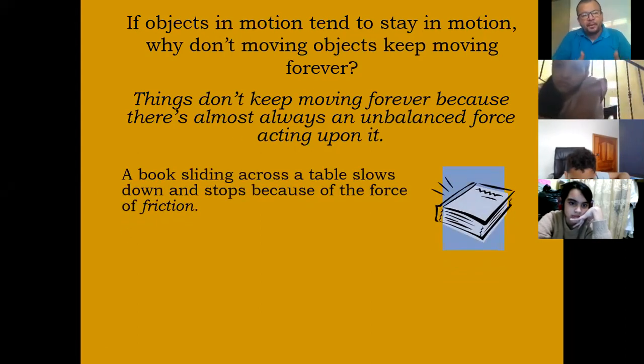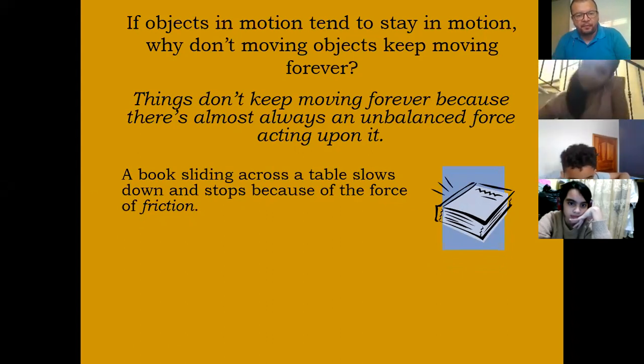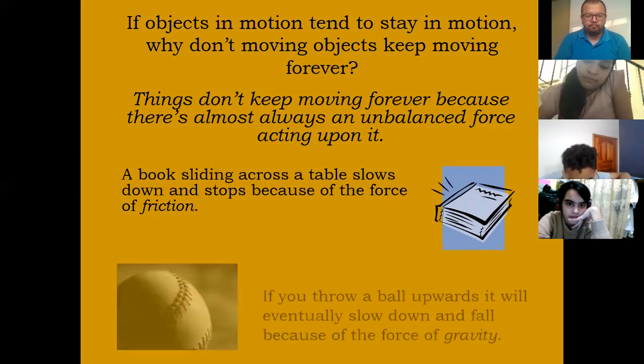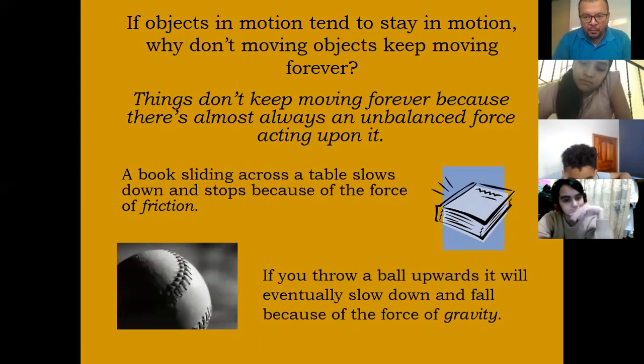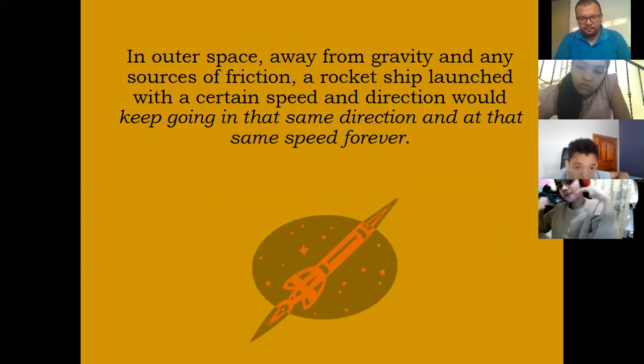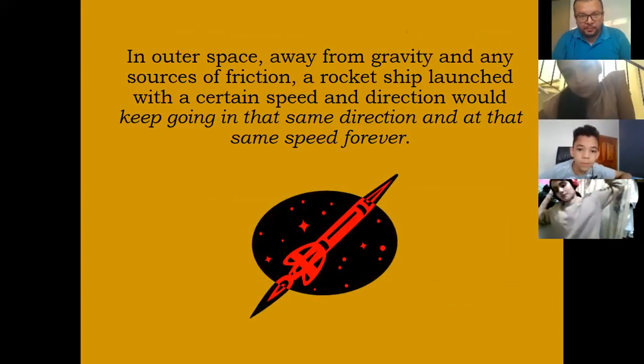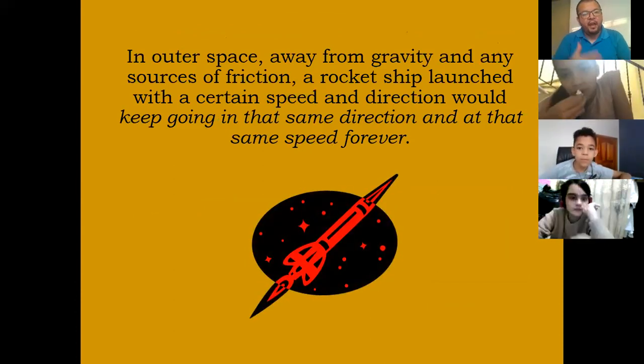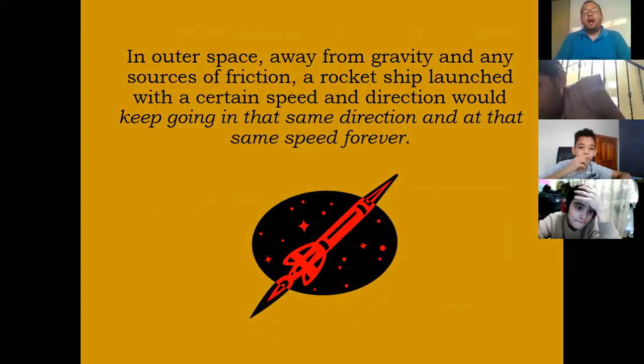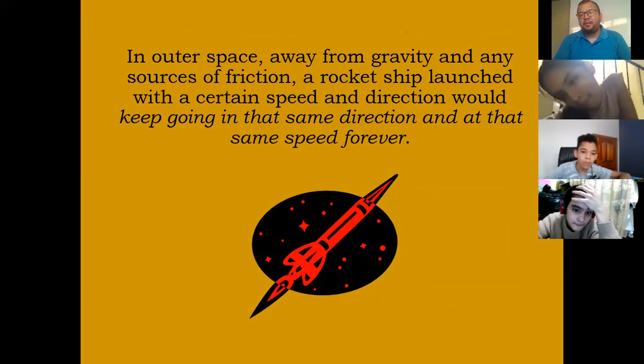For example, a book sliding across a table slows down and stops because of the force of friction. If you throw a ball upward, it will eventually slow down and fall because of the force of gravity. Even in outer space, away from gravity and any source of friction, a rocket ship launched with a certain speed and direction will keep going in that same direction and at the same speed forever.